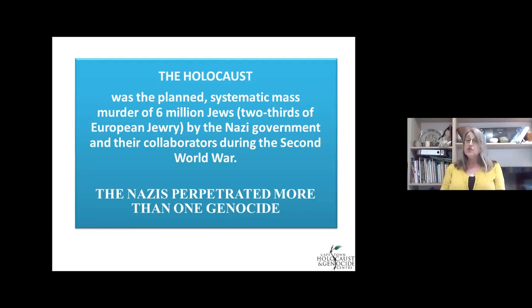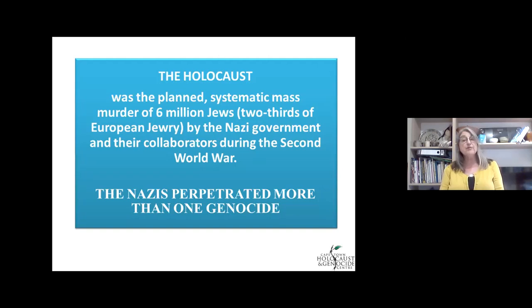The Holocaust was the planned and systematic mass murder of 6 million Jewish people, 2/3 of European Jewish people, by the Nazi government and their collaborators during World War II. The Holocaust is a Greek word, holo meaning complete and kaustos meaning burning. This was not the only genocide perpetrated by the Nazis.